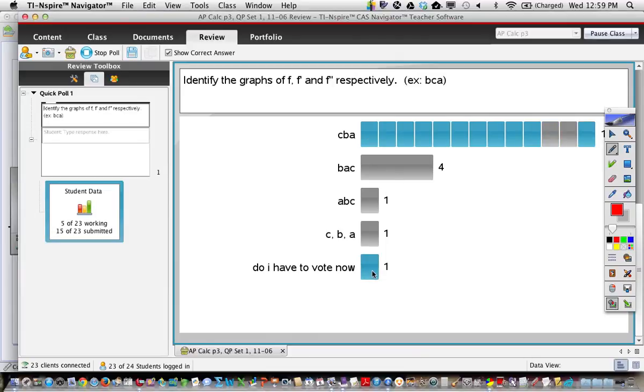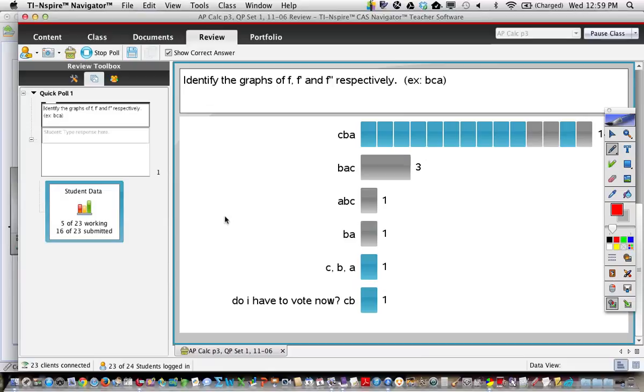Feel my incorrectness. Yes, Neil. It just won't connect to the network. Yeah, that could be your batteries.